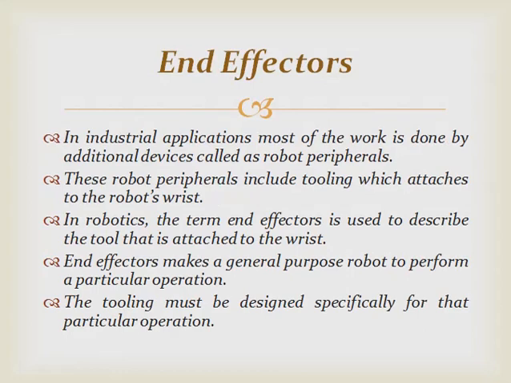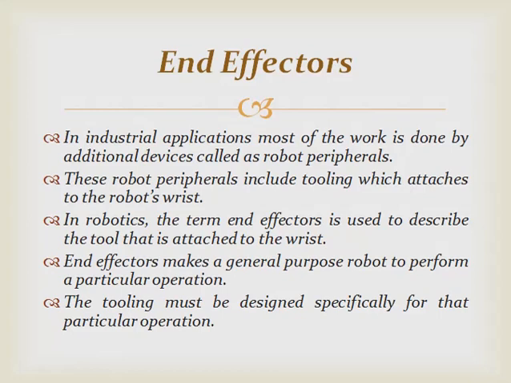Another parameter is the end effector. In industrial applications, most of the work is done by additional devices, which are called robot peripherals. These robot peripherals include tooling, which attaches to the robot wrist.